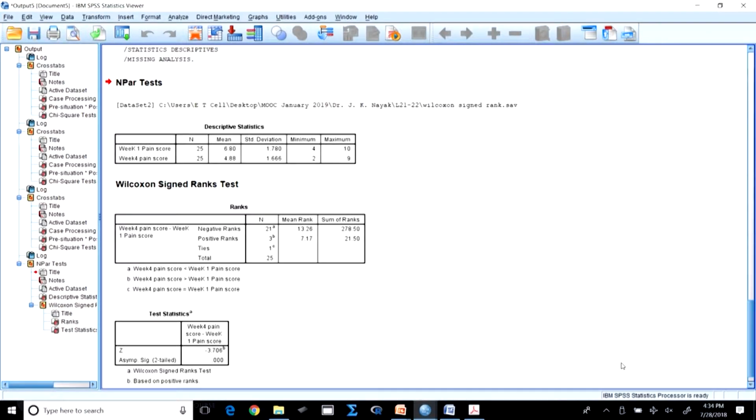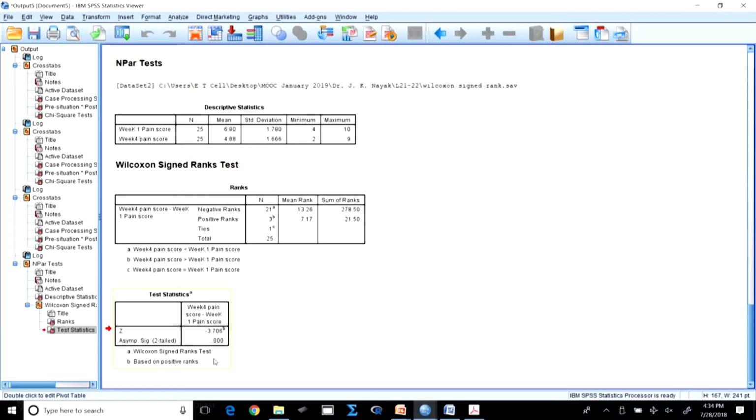As per the result, if you look at the test statistics, the z value is minus 3.706 something, and if you look at the significance value, it says there is a significant change in the pain of people in comparison between week 4 and week 1. That means the medicine has worked wonders.